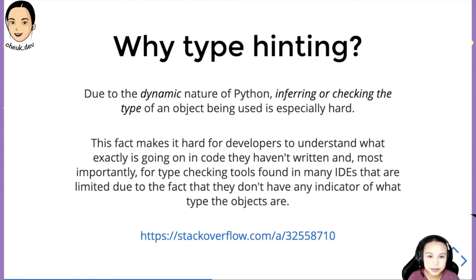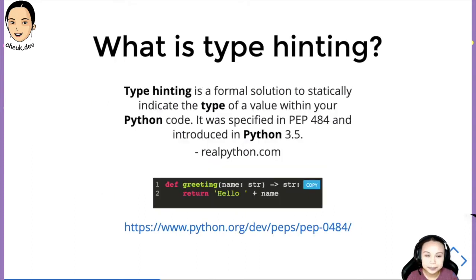So they have proposed this type hinting in PEP 484, and the good thing about it is that some IDEs, which we'll talk about later, will actually take this type, because remember we declare the type of it somewhere. So we declare the type of it here. This is an example. Some IDEs would recognize this name as being a string, and check whether later in the program, inside this function, it is used as a string.